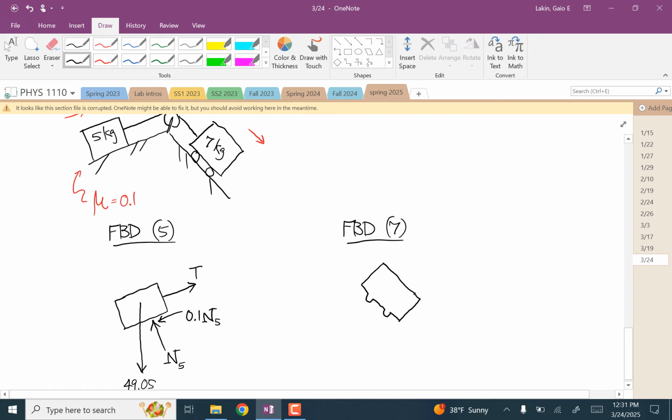Okay, so there's a weight force that's straight down, and that's equal to 7 times 9.81, so 68.67. And then there's a pushing force on the wheels from the ground. That's perpendicular to the ramp toward the chosen body. I have to give that a different variable name than this one, so I'll call this one N7.